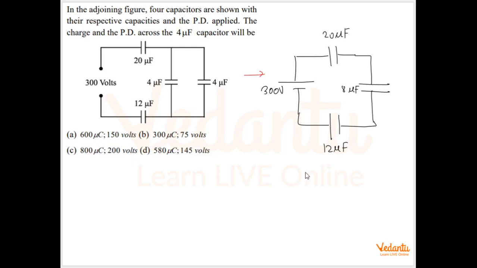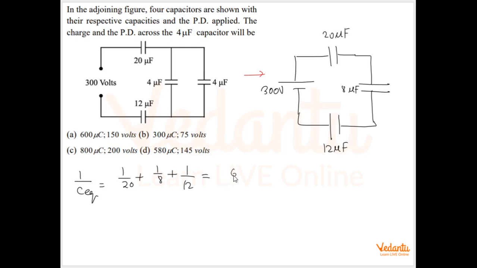Now in this case I can calculate the equivalent capacitance. 1 by C equivalent will be 1 by 20 plus 1 by 8 plus 1 by 12. The LCM of all of them will be 120.